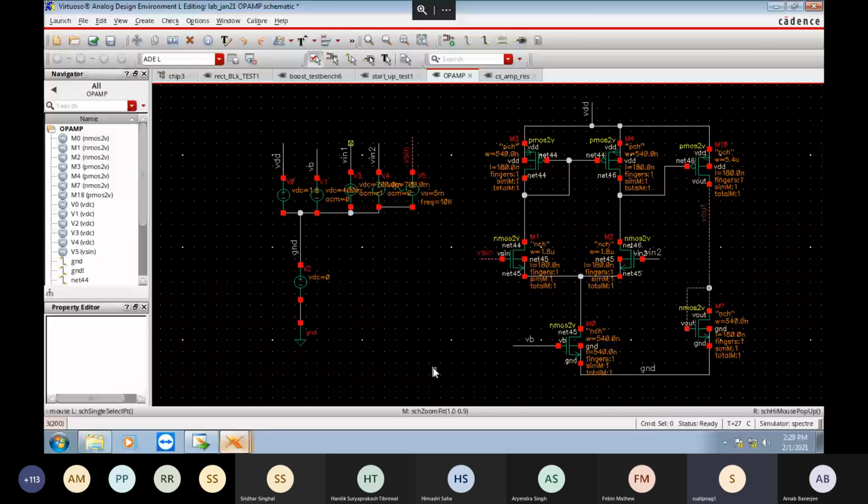So in this case, your VB, which is the biasing voltage, is an independent voltage source. But in practical cases, suppose you're making an op-amp chip which you'd like to develop as part of an integrated circuit product. In that case, the biasing circuit should be within the chip itself.